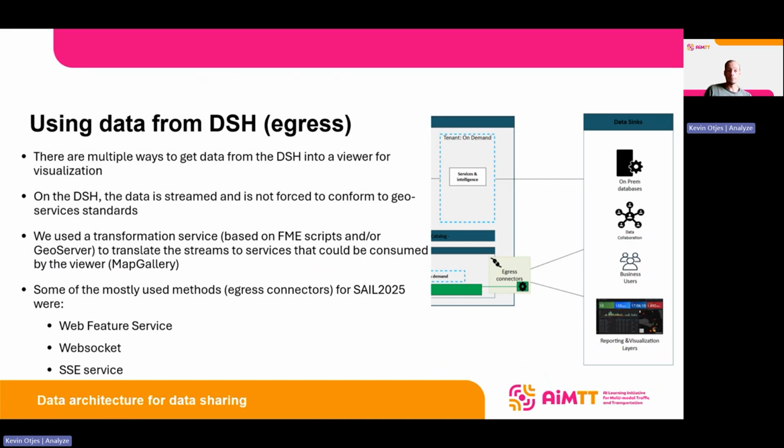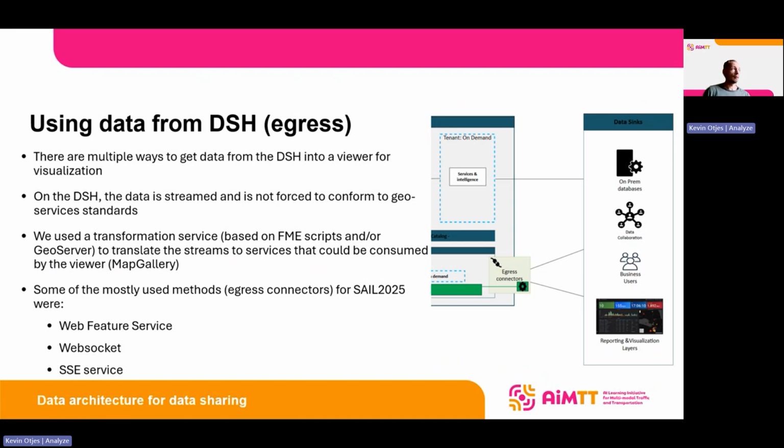And there were multiple systems that could do this, but Map Gallery was one of the most important ones. This was a digital twin environment with 2D and 3D maps. And in order to get the information in there, the data was transformed to conform also to the open GIS standards, and from that the web feature services, sometimes WebSockets or other services, were being used to make the data accessible for the viewer.